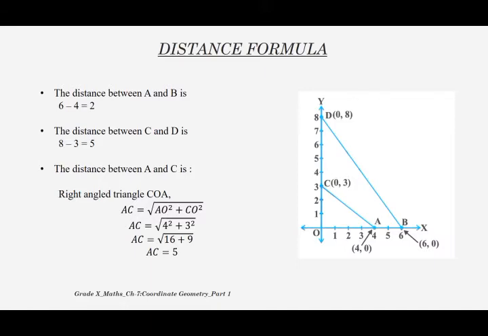So using Pythagoras theorem, we will be able to find the distance AC, because OA is 4 units, OC is 3 units. So when we solve, we get AC to be 5 units.